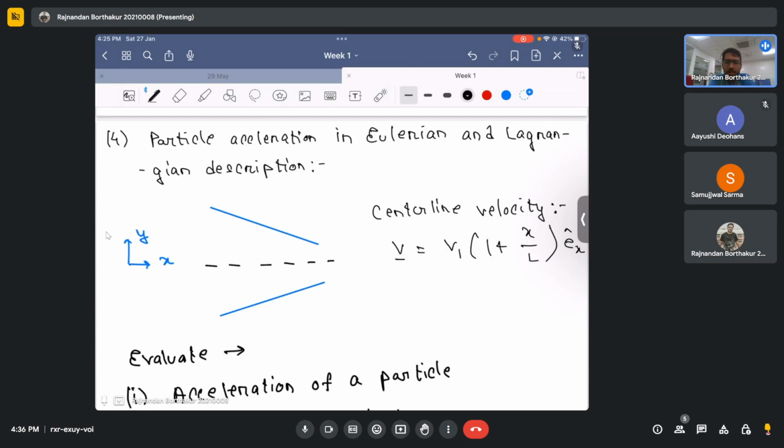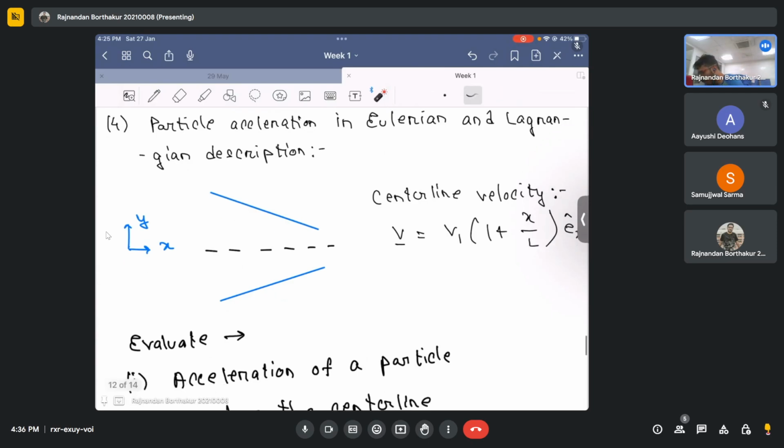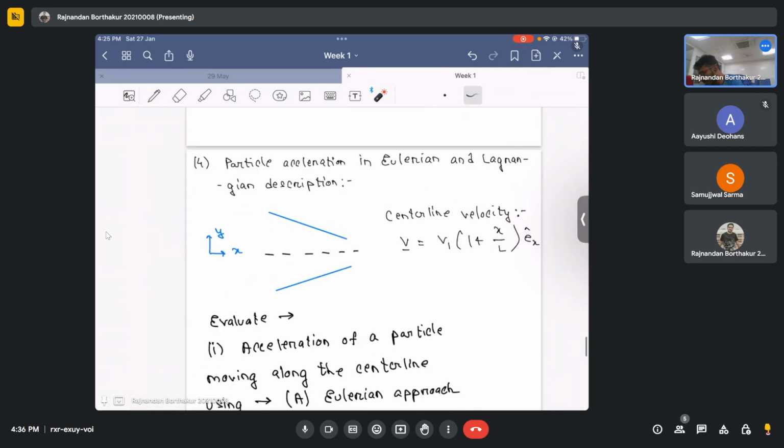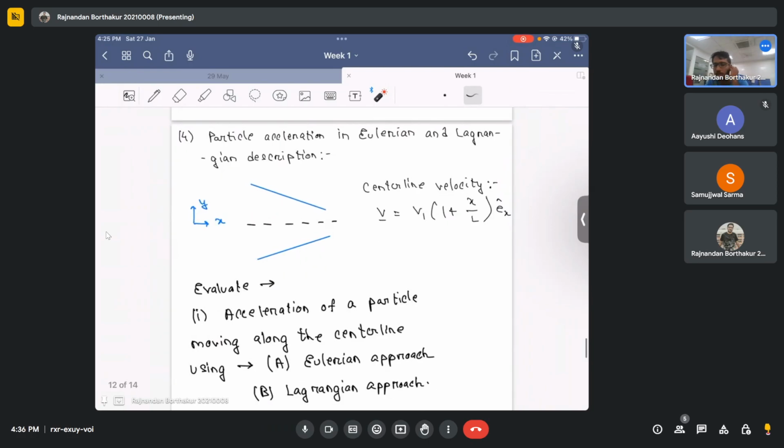So if you have any doubt, you can ask, or you can read the next problem on your own. So you can maybe read it something like this. Okay. You can read this problem. I'll give you some time to think about it.